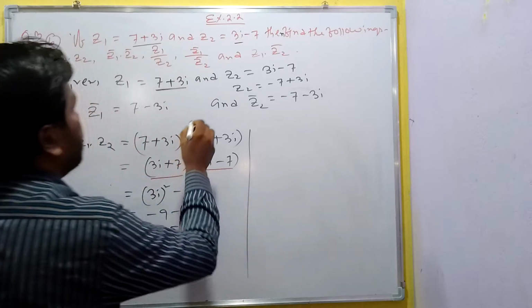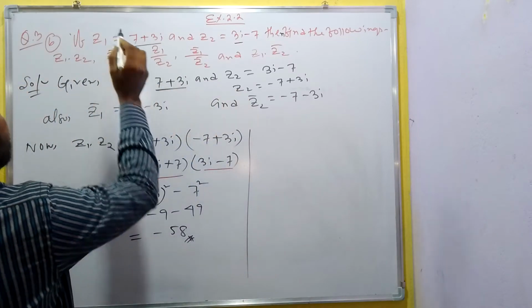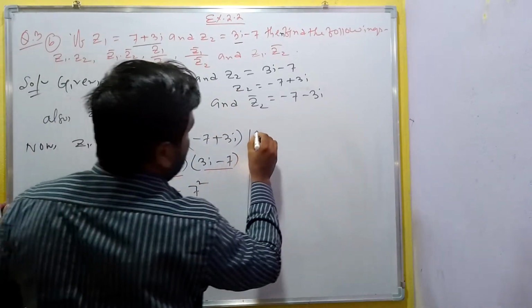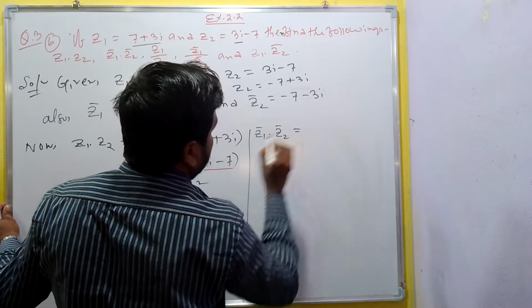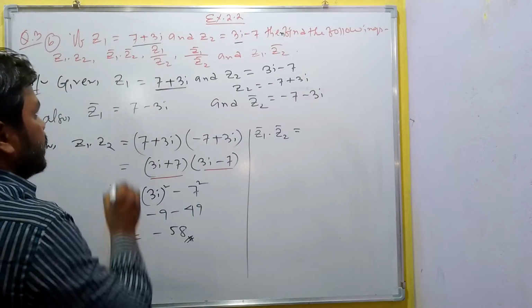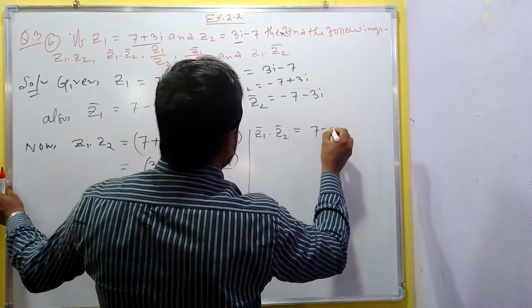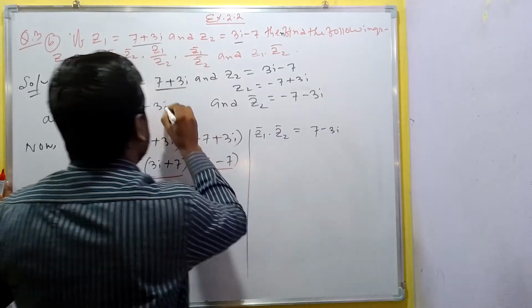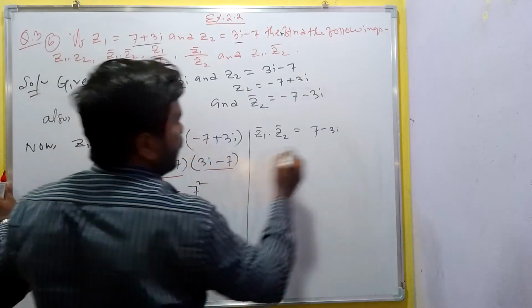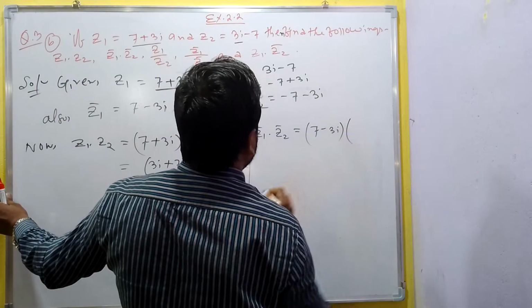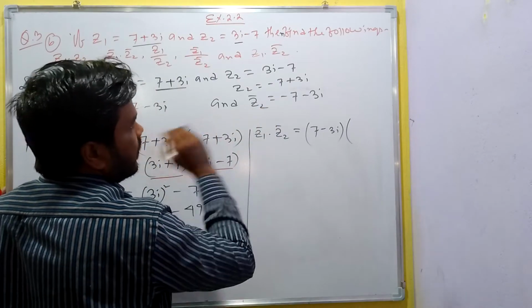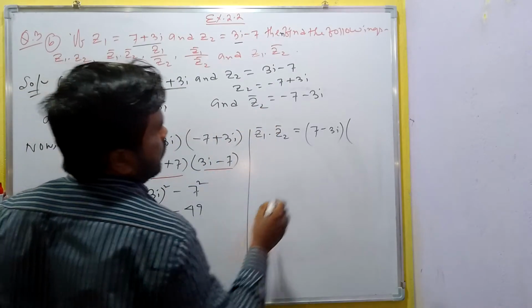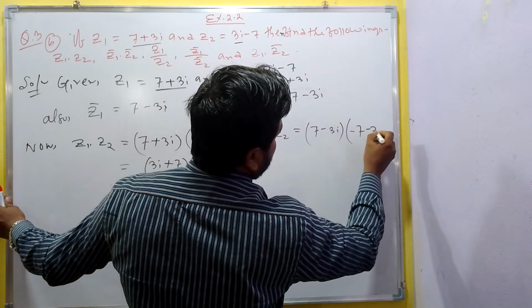Again, z1 inverse into z2 inverse. So value of z1 inverse, 7 minus 3i, into value of z2 inverse, so minus 7 minus 3i.